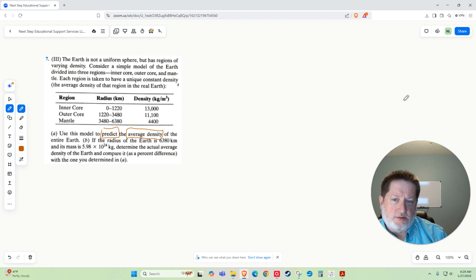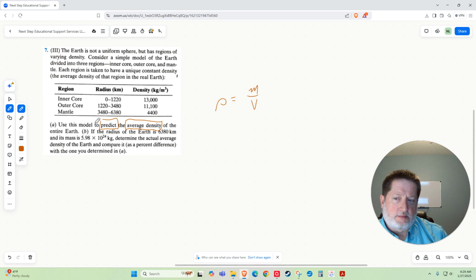The average density of the Earth, at least the prediction, density, as we know, is defined as mass per unit volume. And for this problem, in part A, we're predicting this density. To accurately calculate that, we're going to need the mass of all these regions divided by the volume of all these regions.